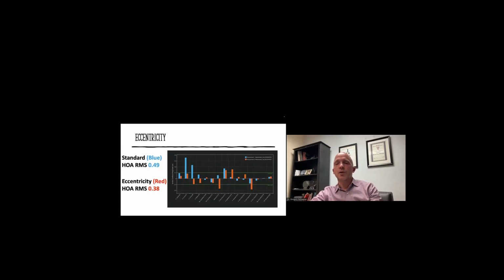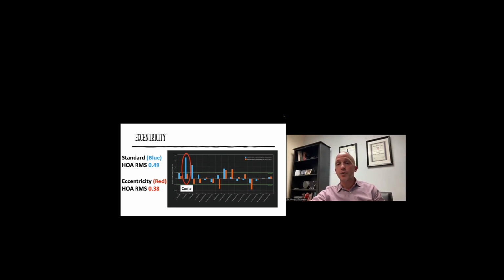Here are the results. The blue bars are her aberrations with the standard scleral contact lens, and the red bars represent her aberrations with the scleral lens that has front surface eccentricity added. We see a significant reduction in coma. It doesn't flip the coma again, but it significantly reduces it.